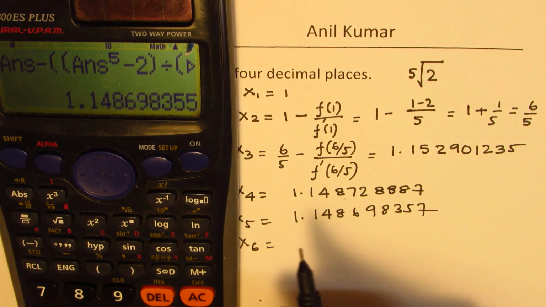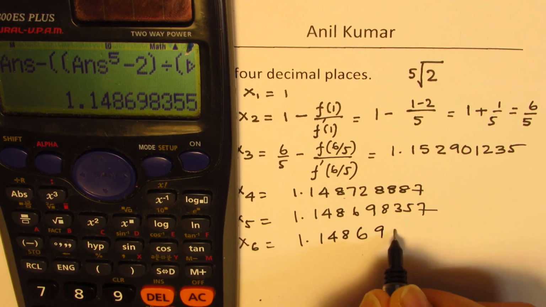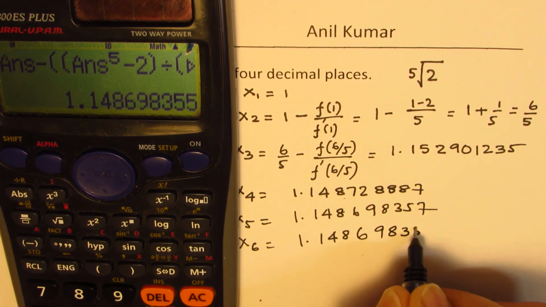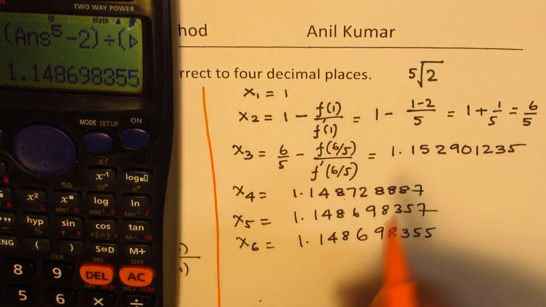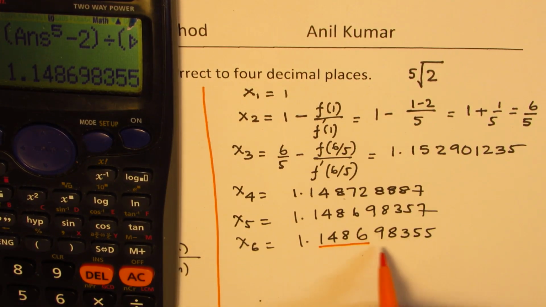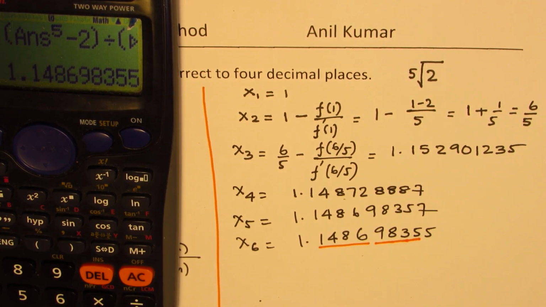So that gives you 1.148698355. Now, we want up to 4 decimal places, and we got the answer almost up to 7 decimal places. Correct? You can actually continue this process and get to 8 decimal places also. Perfect. So that is how you could do it.